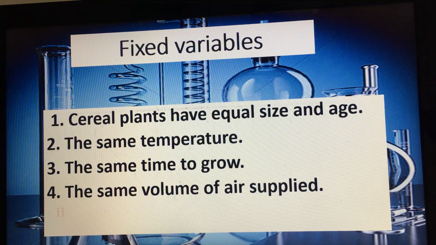The third fixed variable is the same time to grow. As we said, we wait 5 days before finding the result. And the last fixed variable is the same volume of air supplied. We put cotton to prevent direct contact between air and solution, and the air supply only gives air to the solution. So the same volume of air is supplied.